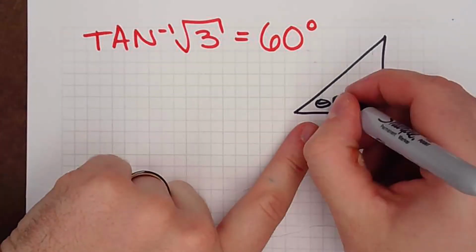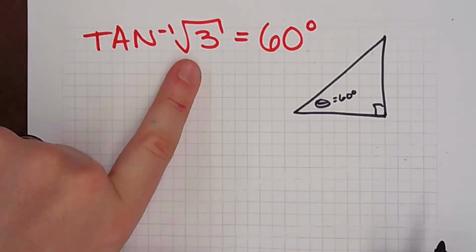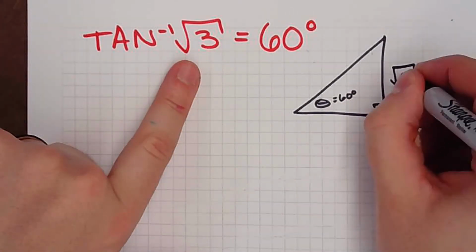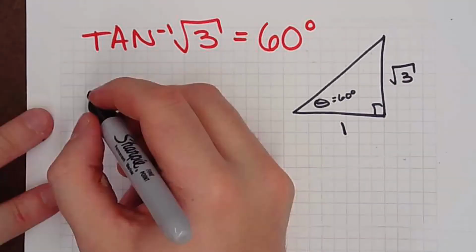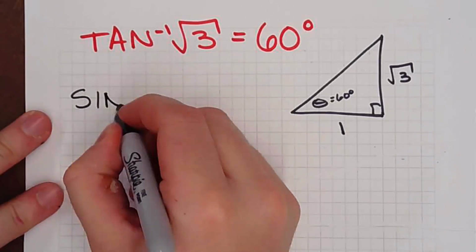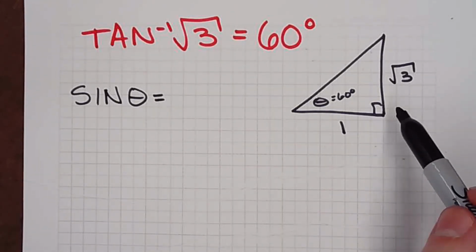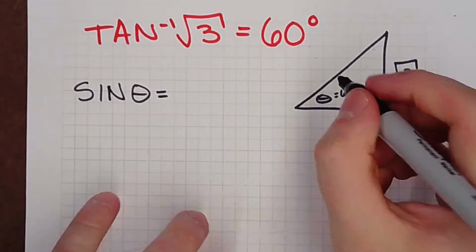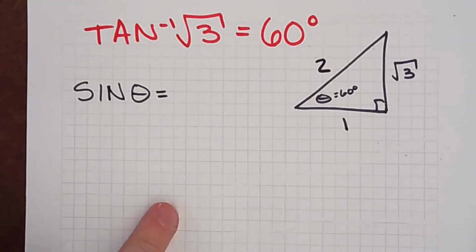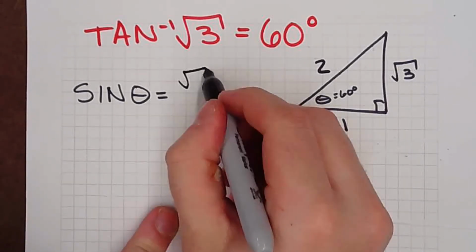We know theta is 60, right? And tangent is root 3, so opposite over adjacent. If I want to know what the sine of theta is, what do I need to know? I need to know the hypotenuse. What's my hypotenuse going to be? It's going to be 2. So what's the sine of theta? Opposite over hypotenuse. Root 3 over 2.